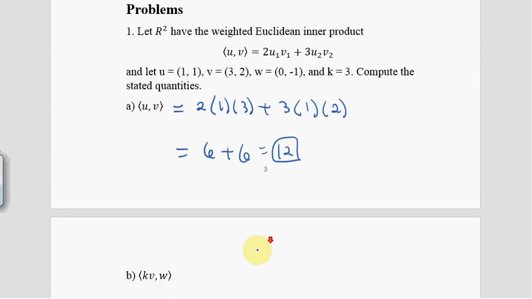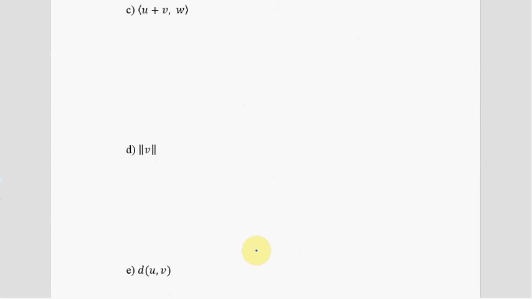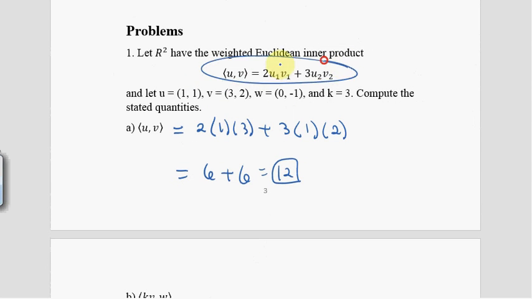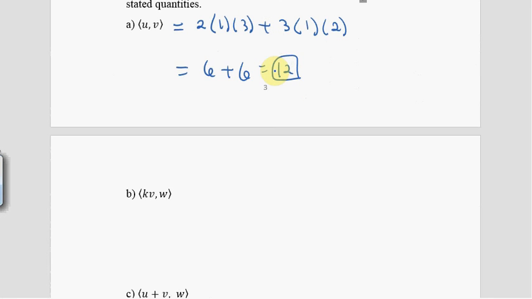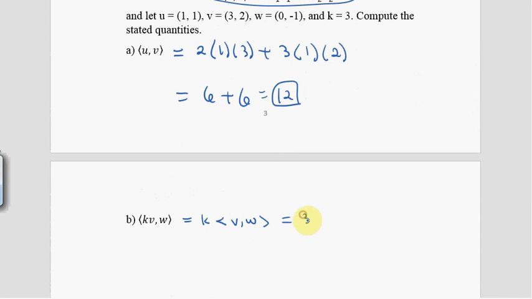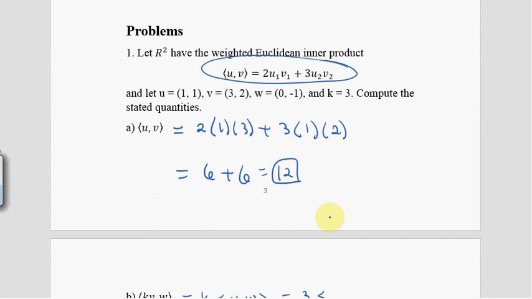Again, parts A, B, C, D, and E would make use of this weighted inner product, excuse me. So here, this, you recall, is the same thing as K times the inner product. That's V and W, not U and W. So K, I believe, is 3. And then this is going to be the inner product of V and W. Let's go ahead and put the values of V here.